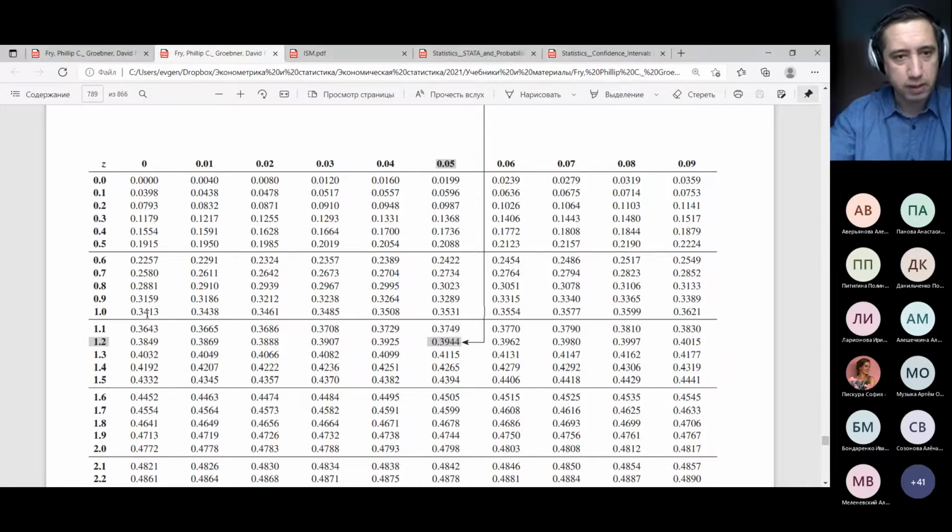Yeah, for sure. So 0.3413, and the solution is 0.5 minus 0.3413. And it will be 0.1587. So this is the right solution to our exercise.